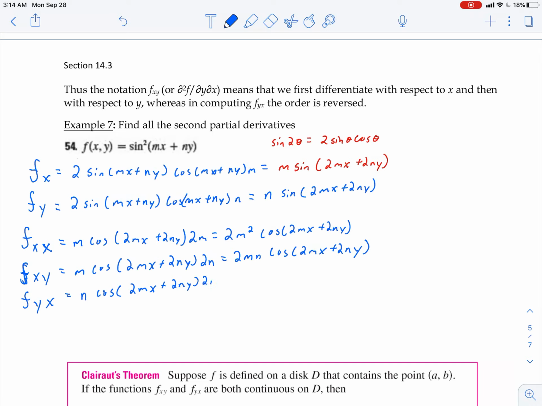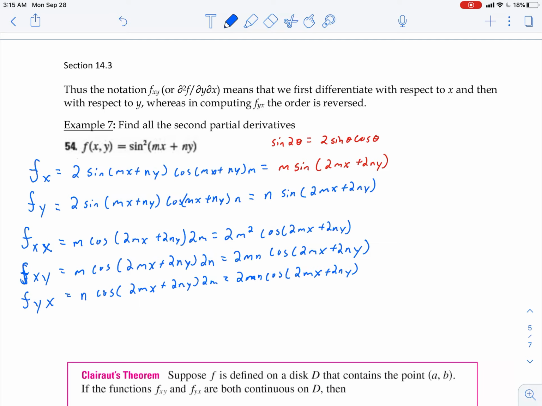Then taking the derivative of the inside with respect to x, so 2m, and I get 2mn cosine of 2mx plus 2ny.